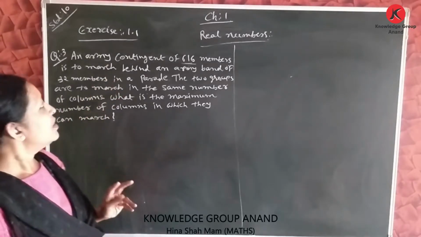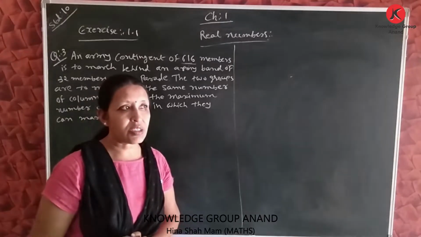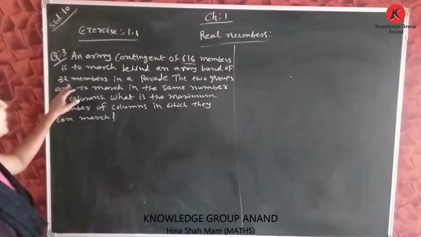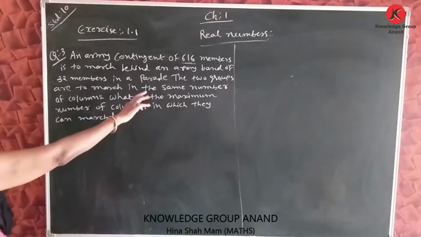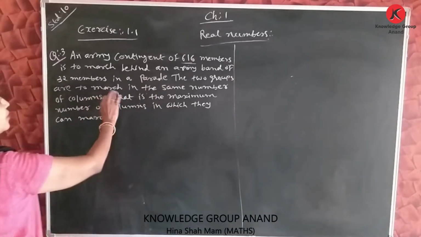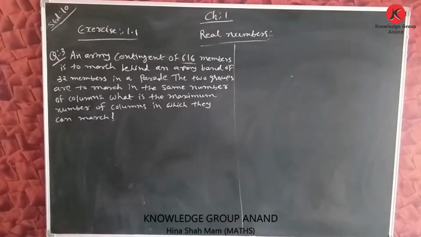In total 616 members and 32 members in the parade. They are in two groups, and are to march in the same number of columns. What is the maximum number of columns in which they can march?